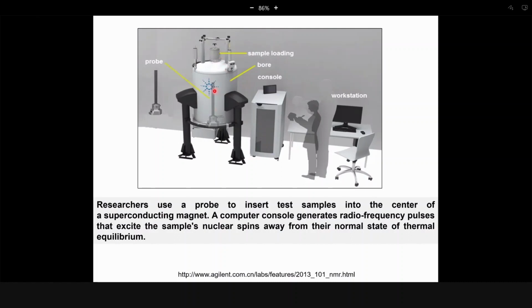Of course, the higher the B0 is, the bigger the machine is. So inside you have the big magnet which generates B0, and you add your sample from the top. It goes in the machine here, and this is the probe which will generate B1 depending on the nucleus you want to observe.